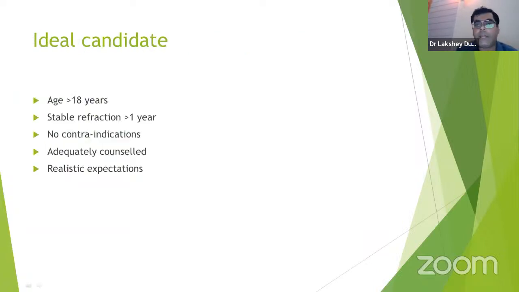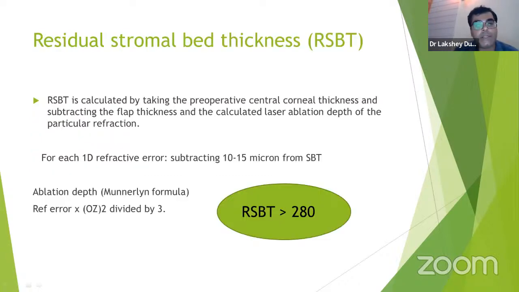So we have an ideal candidate who is more than 18 years old, has stable refraction for 1 year, has no contraindications, is adequately counseled, and has realistic expectations. Now we judge certain parameters for the patient. One parameter is residual stromal bed thickness. So what is residual stromal bed thickness?